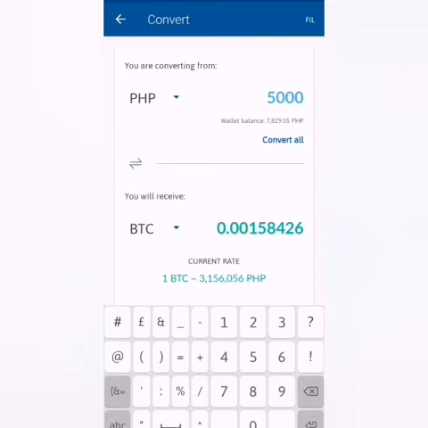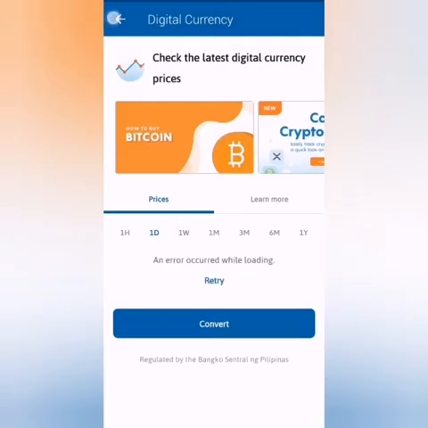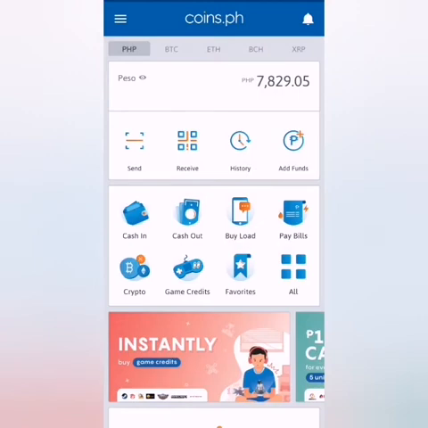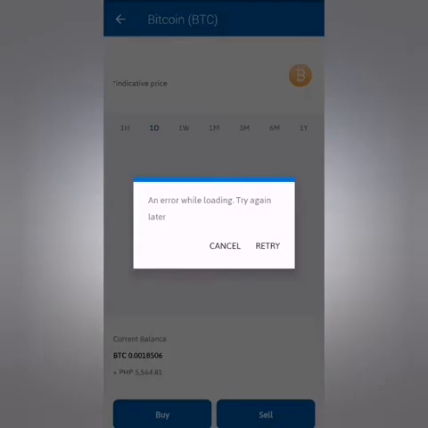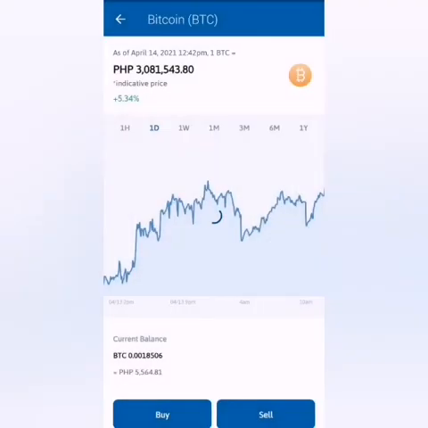But anyway, before you do this, you just have to check the market prices first. Let's say I'm going to buy Bitcoin. Click on check prices, and then you'll see here the graph or the chart for the prices. So you'll be able to have an idea what the percentage is, what the value is.